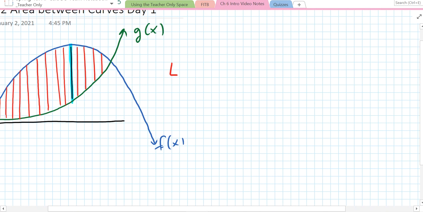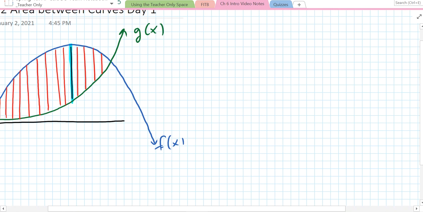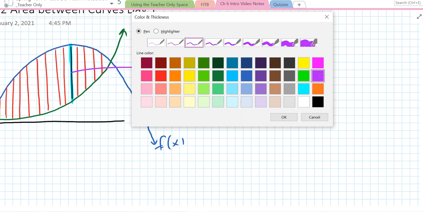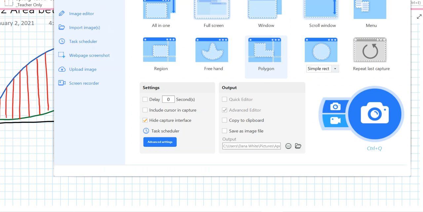Let me use a different color. This length right here is equal to the upper curve, which in our case is f of x, minus the lower curve, which in this case is g of x.